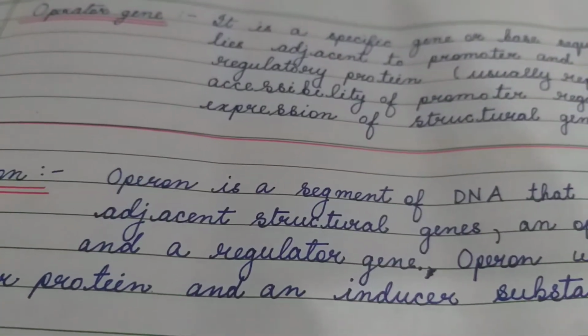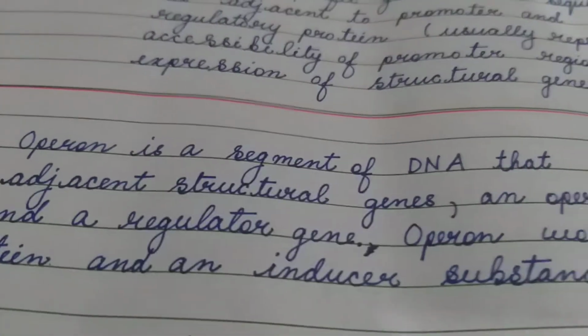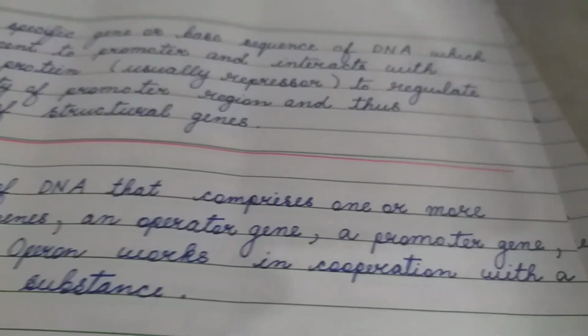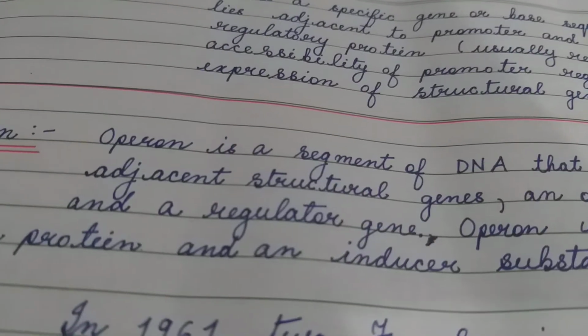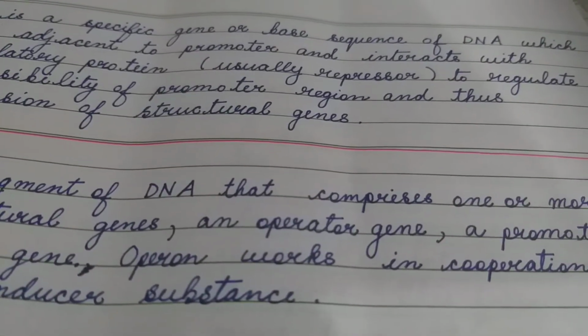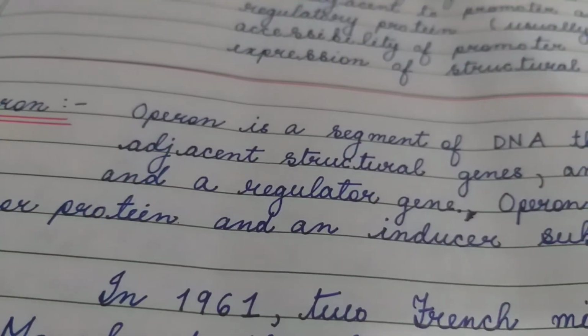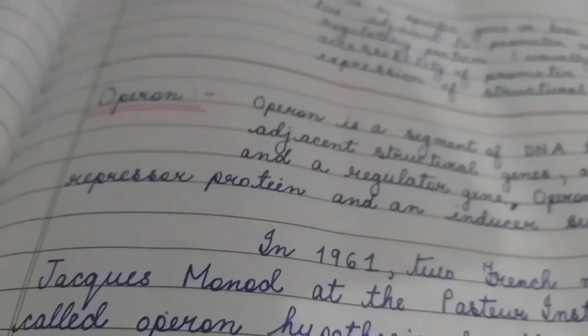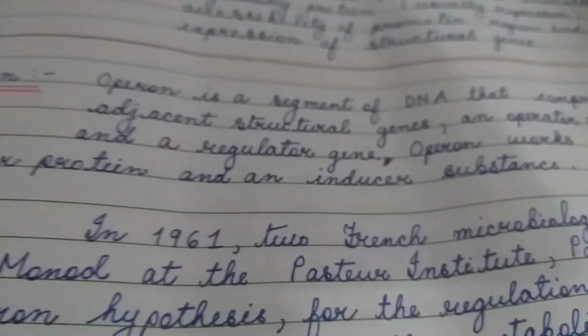So what is an operon? Operon is a segment of DNA that comprises one or more adjacent structural genes, an operator gene, a promoter gene, and a regulatory gene, small i. The regulatory gene is represented by small i.